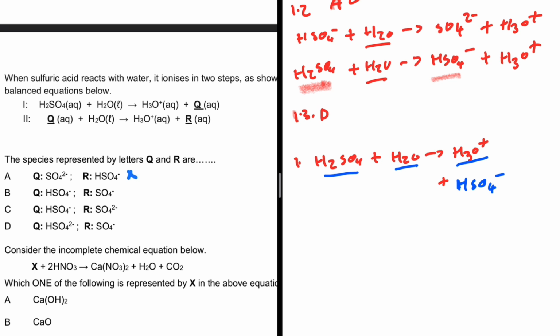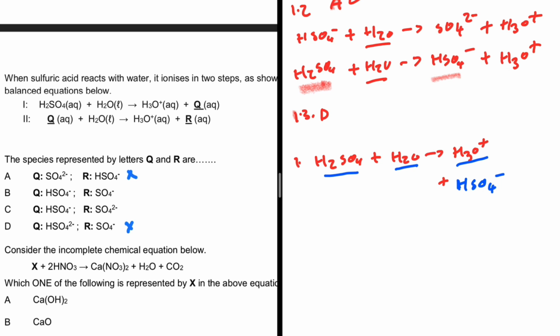And then we know that, let's take a look, HSO4 minus, we know that D cannot be our answer because D says that Q is HSO4 2 minus, and Q is clearly HSO4 minus 1, not 2 minus, right? So we have figured out what Q is.